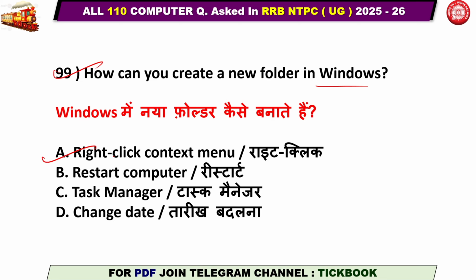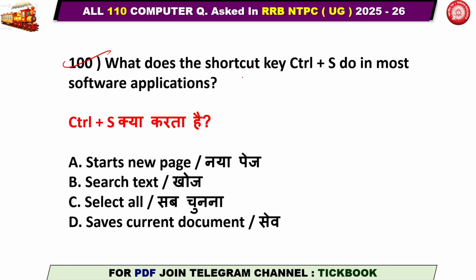Option number A, right click, context menu. 100. What does the shortcut key Control plus S do in most software applications? Option number D, save current document.